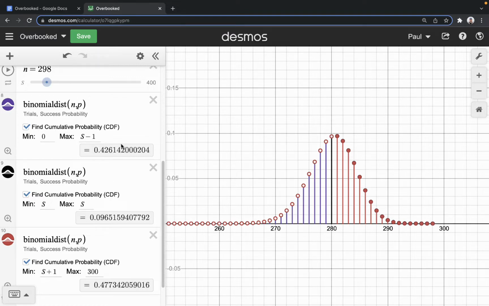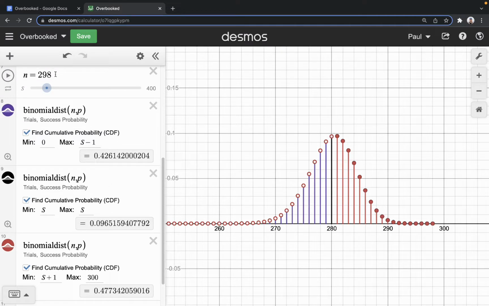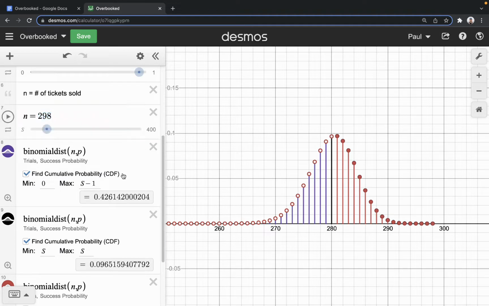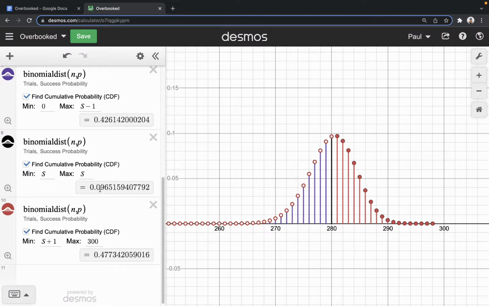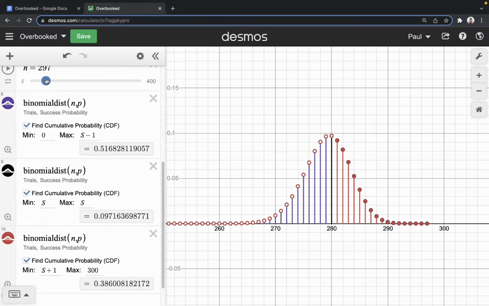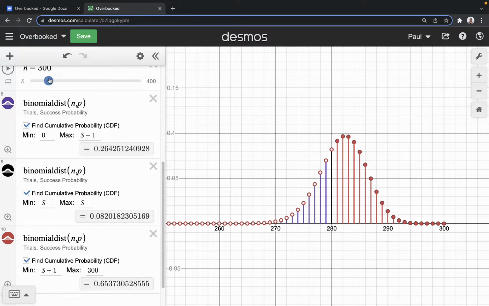The closest I can get to a perfect balance between the two is overbooking by 18, selling 298 tickets. That's going to be about a 10% chance of a full flight, about a 43% chance of empty seats in purple, and about a 48% chance of not enough seats. That's going to be the area where it's most in balance. Going a little bit to one side increases one and drops the other, and same with the other side.